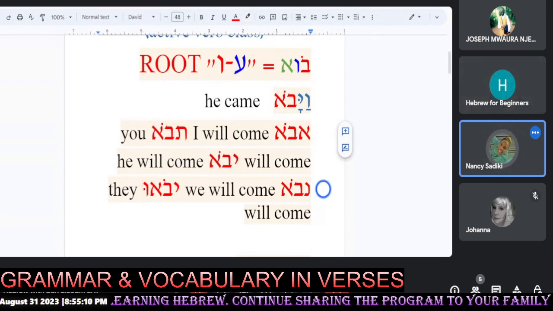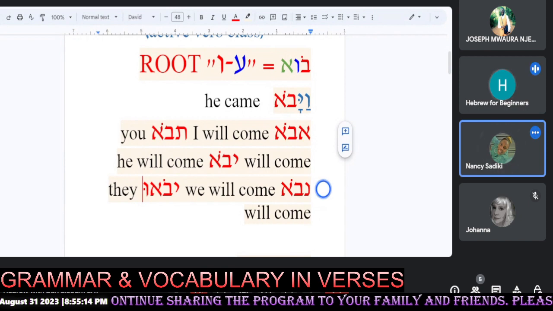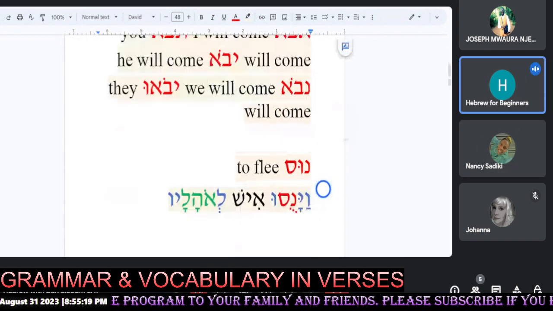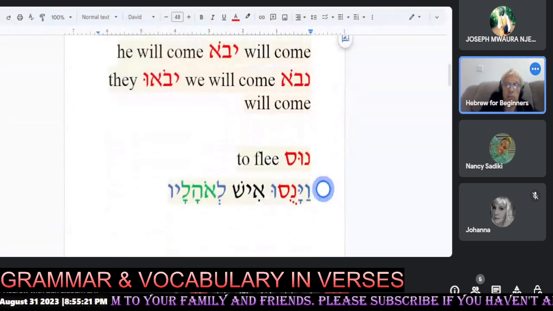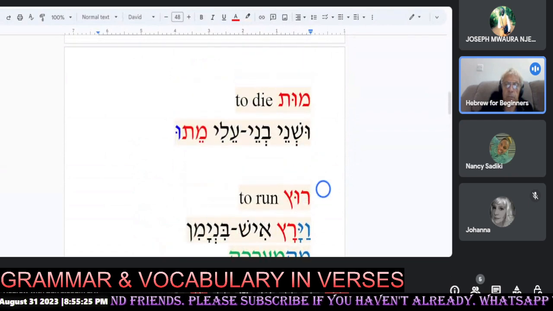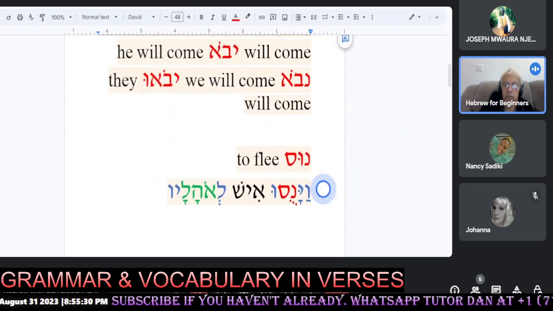And then they will come means Yavo. Very nice. I don't have a bit of Hebrew on this page, but we'll see it when we get to the verse.